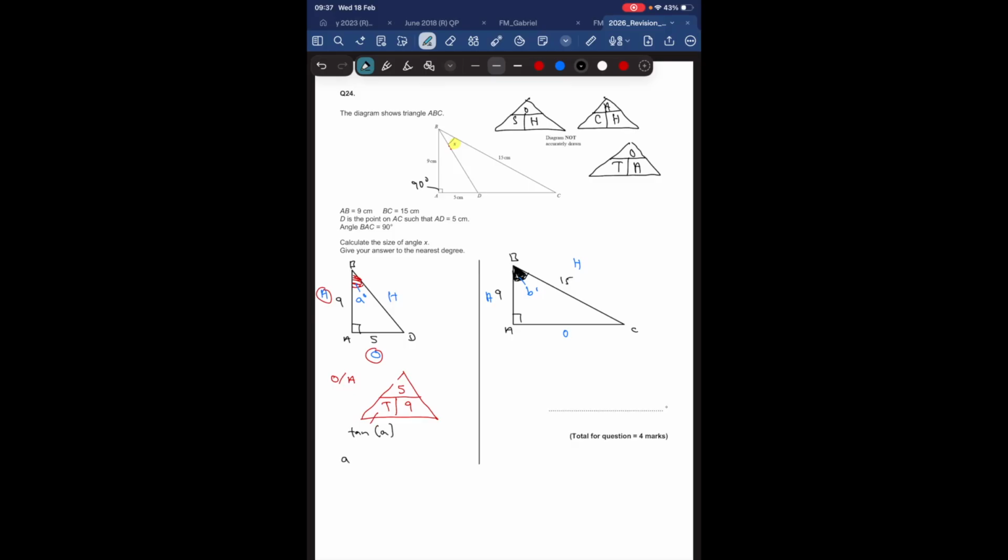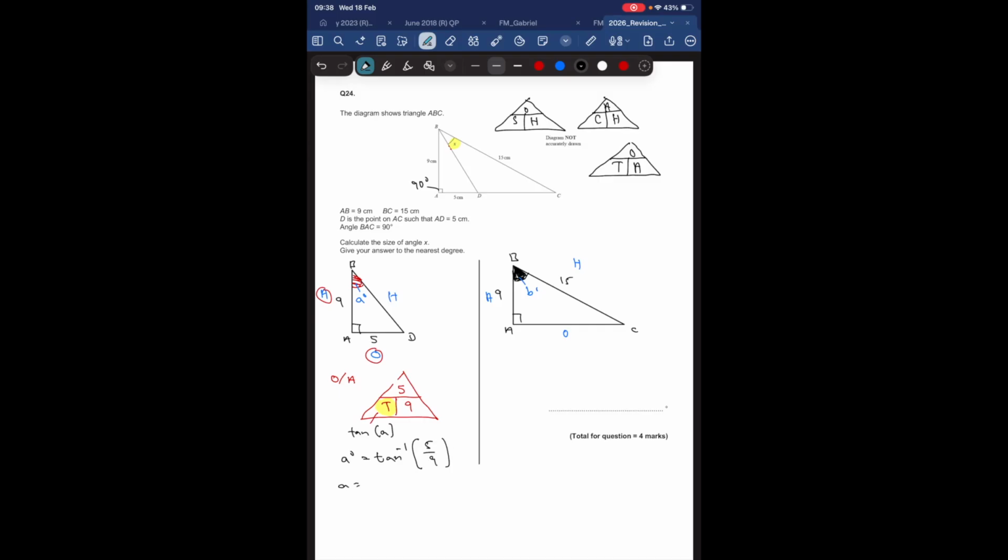So to get A, we cover up the T, and we can see that we're dividing the opposite by the adjacent. This horizontal line is a divide. When you cover up the T, rather than writing tan, you have to write tan to the -1. Your calculator will open a bracket for you, and then you type in 5/9.